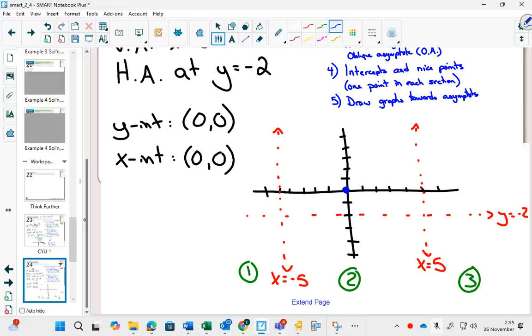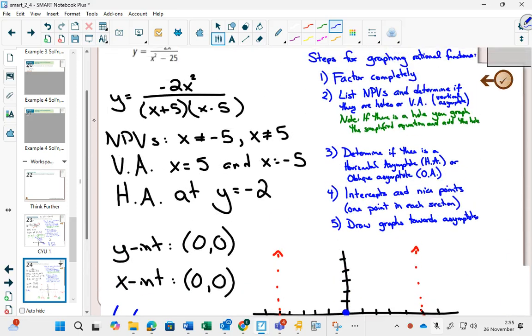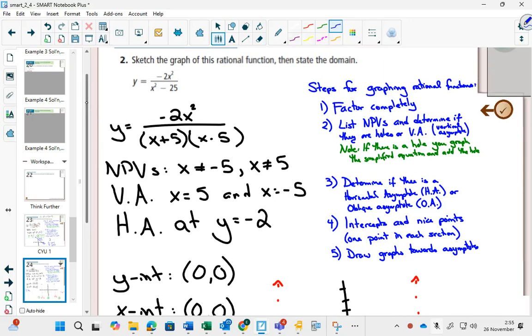Let's start in section 1. Do you see that plugging in negative 6 will be nice? And if I go to the original equation, wow, negative 72. This does not seem like a good start, but it's okay. And on the bottom, 36 minus 25, 11.